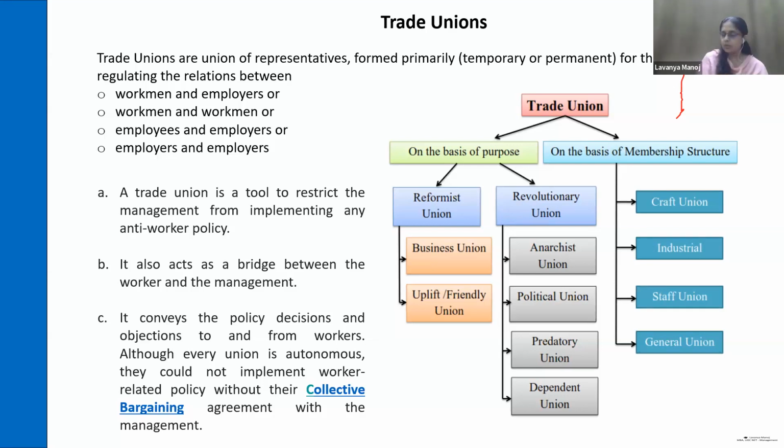These are the employees there, and for these people there is a staff union. It is the staff union for that particular university, not for all university staff. Staff union of MG University means a union for staff working in MG University alone.